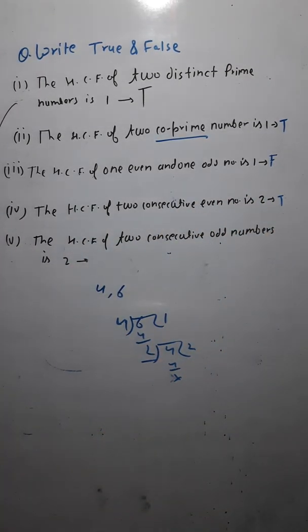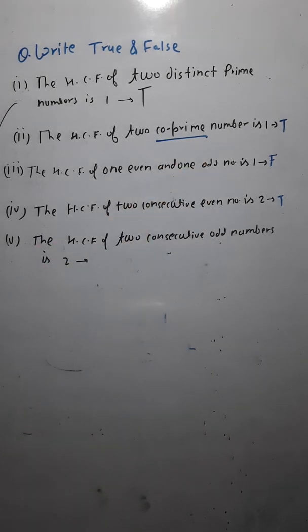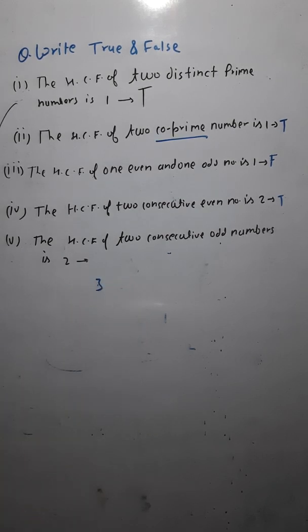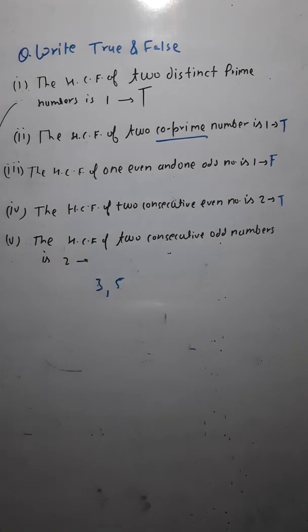Now next is: the HCF of two consecutive odd numbers is 2. Let's check whether this statement is true or not. Let the first odd number be 3, and the next odd number after 3 is 5. So 3 and 5 are two consecutive odd numbers.